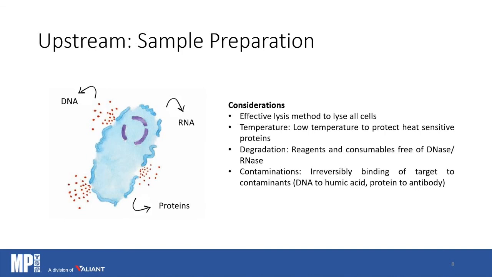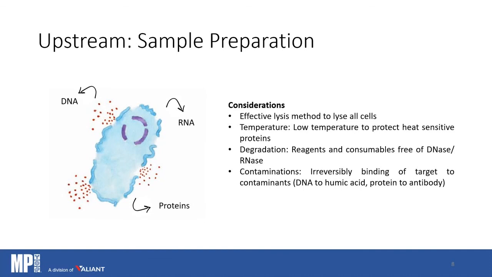There are a few points to be considered during this process. Firstly, the lysis method should effectively lyse all the cells, otherwise the study will provide a biased representation of the microbiome. This is especially true when the lysis method is weak and unable to lyse gram-negative bacteria with tougher cell wall and hence underrepresent them in a composition. Secondly, the lysis temperature. This is dependent on the purpose of extraction.